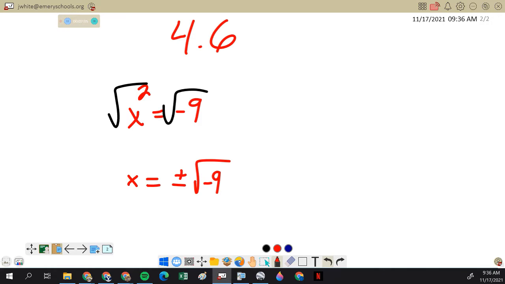But it turns out that's not a good enough answer for a lot of reasons, and those reasons I did not fully understand until I had taken many years of mathematics in college. So just trust me, it is necessary that we create numbers that satisfy this equation.